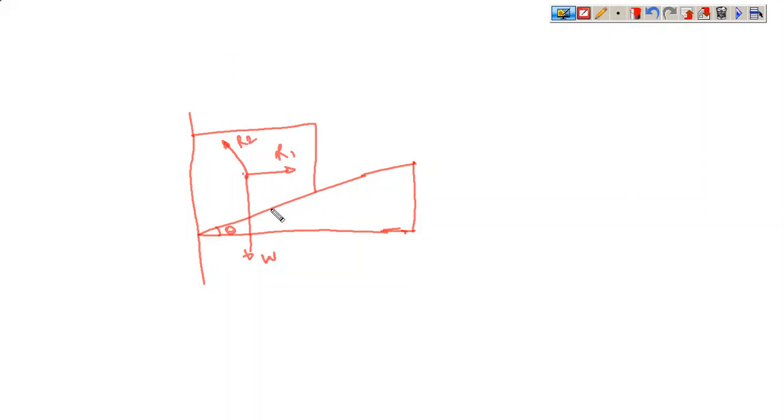Okay. Now when this is moving inwards, then the friction will be in this direction. This will be mu R2. When this is coming in, then you have mu R2 in the opposite direction.